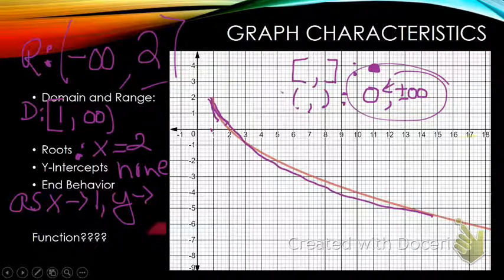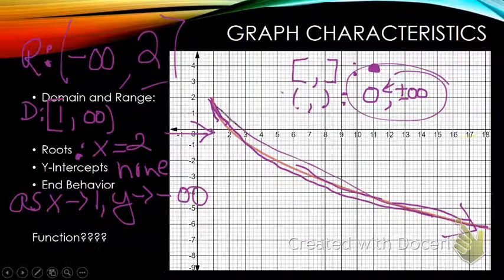As x goes to 1, y is actually going to negative infinity. Again, we read our x-axis from left to right, so you need to make sure you understand that, or else this is literally like the most backward thing you ever heard. But as x goes to 1, y is sloping downwards and it's going to negative infinity.